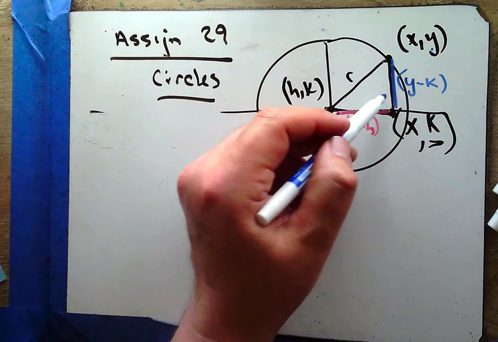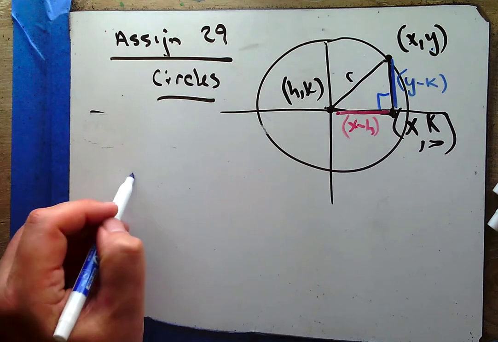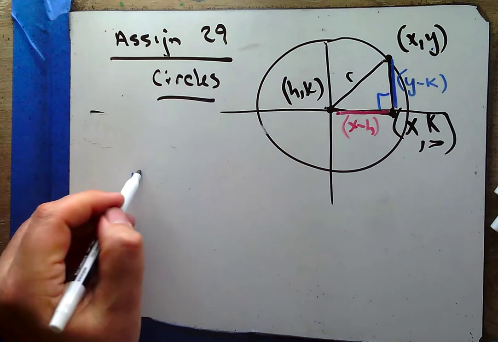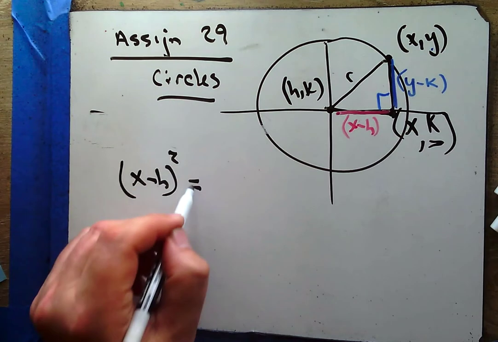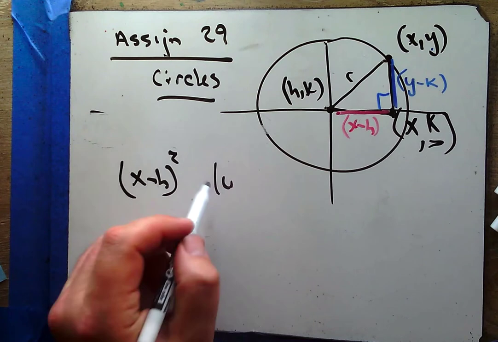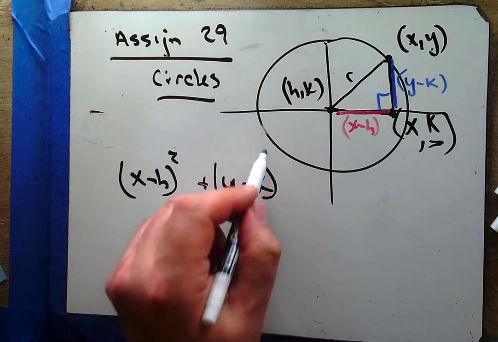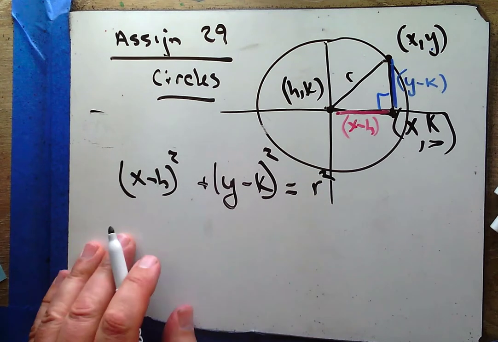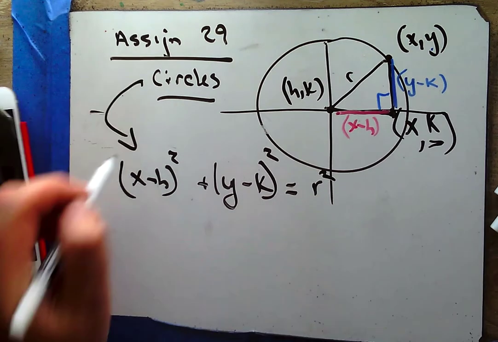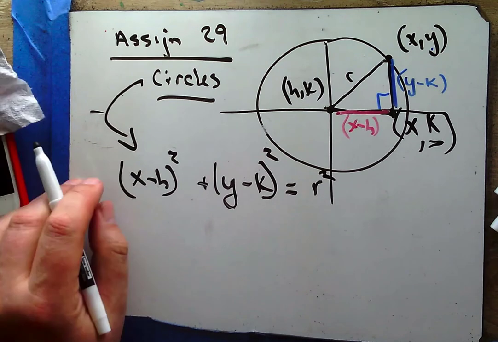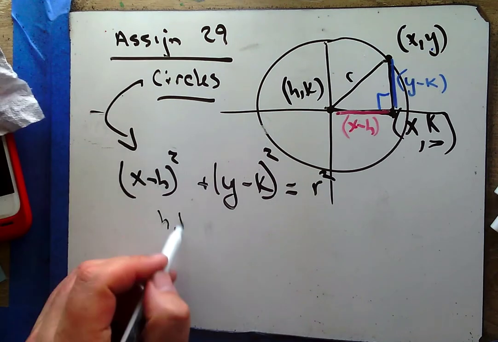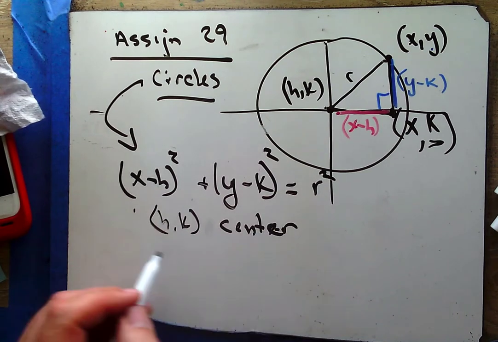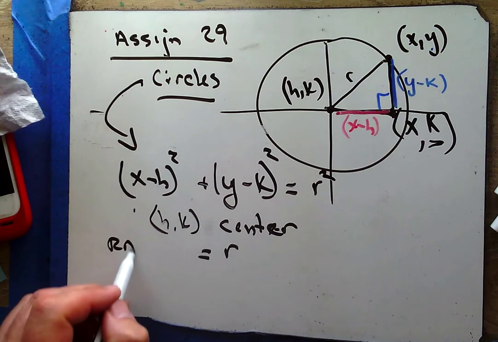So, because I've got a right triangle here, I could use Pythagorean theorem and say that x minus h squared plus y minus k squared equals r squared. And it turns out that that is the equation of a circle, where h and k are the center, and r is the radius.